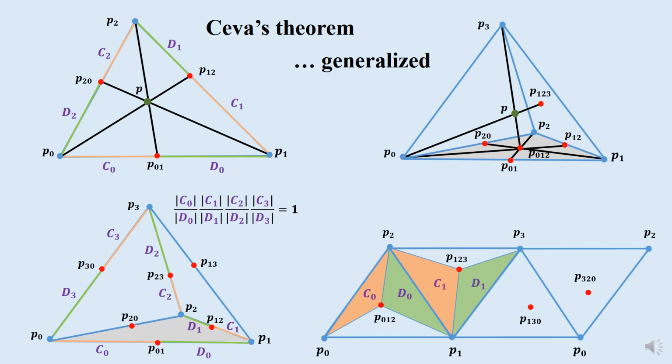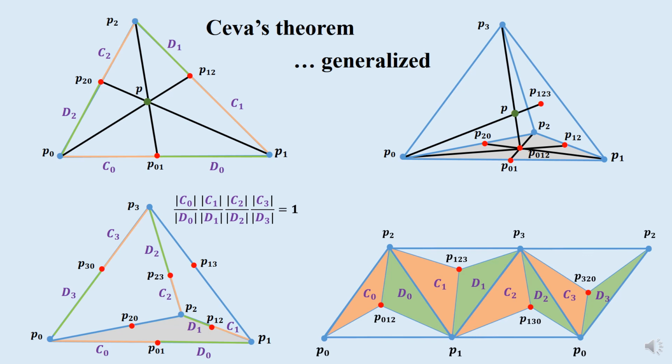You call them C1 and D1, and here there is another one. This will be C2, D2, and this will be C3, D3. And you note that D3 is really adjacent to C0 because P0, P2 and P0, P2 here are the same side.